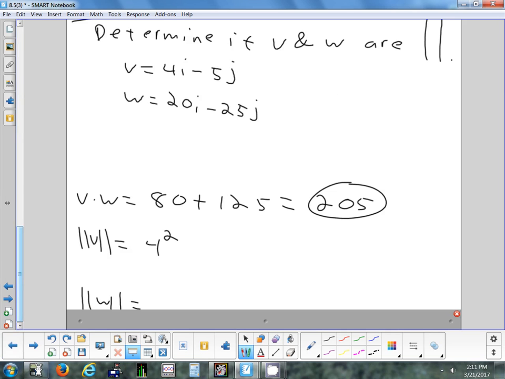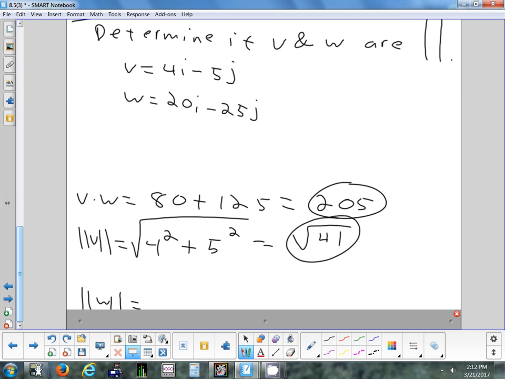Nope, it's always a plus. 4 squared plus 5 squared, and then take the square root of that. So that's going to give me 16 plus 25. What is the square root of 16 plus 25? Square root of 41. Okay, so we get the length of V.